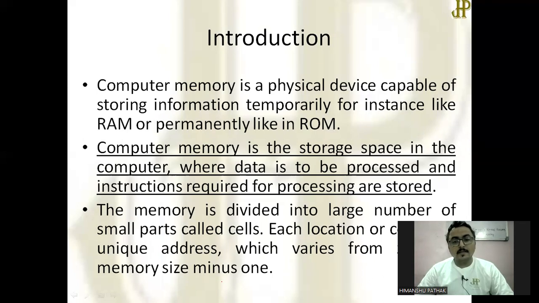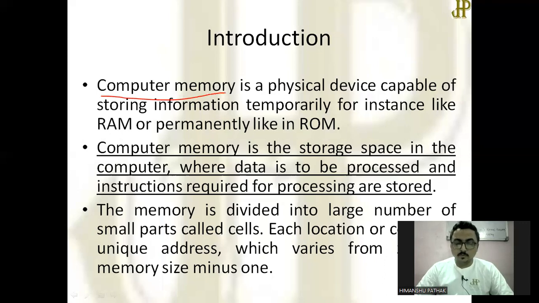The same thing happens with the computer. As we know that computer has a brain known as CPU, but to keep the data either for processing or to store permanently, we need an area known as memory. And that device is known as computer memory.